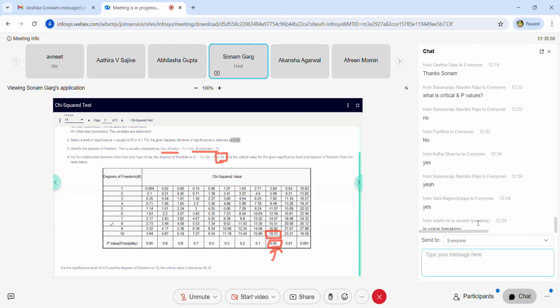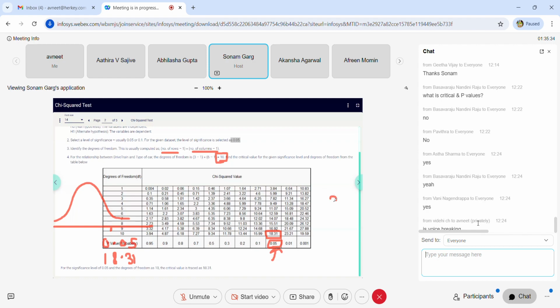Now that graph which I plotted just now will not come, so I have to do it again. See, this is my graph. Let's say this is the point which I'm calling 0.05 significance, and this is the point on the x-axis represented by 18.31 in your case. And now my test statistic is giving me what?